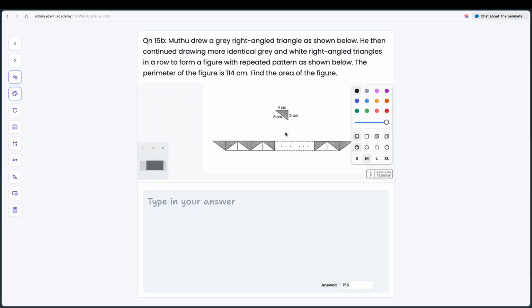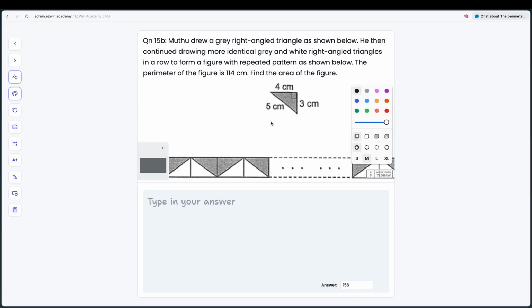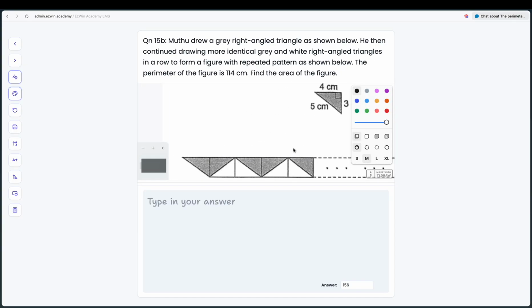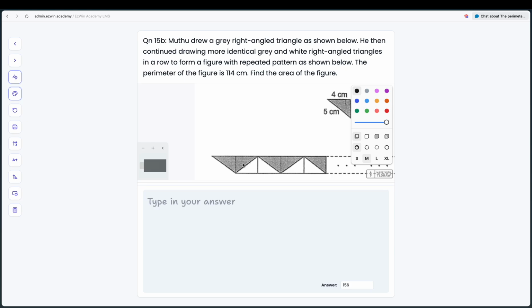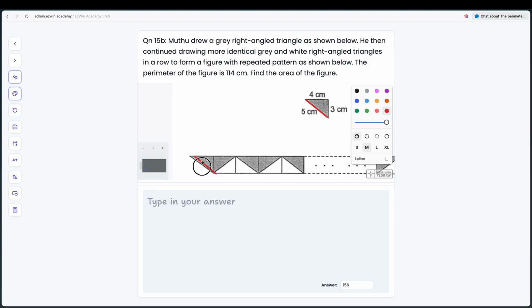Okay, in this case, let me zoom this in. So we have all of the triangles as what we see over here. For this whole pattern, let's give a simple example. For example, the slanted line over here, let's make this red, is 5 centimeters. So this slanted line over here will also be 5 centimeters. I'm going to write here 5 centimeters.